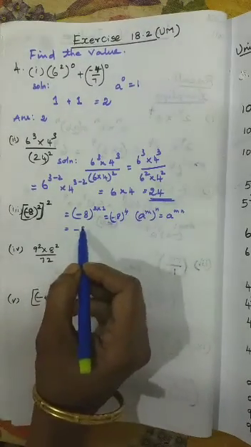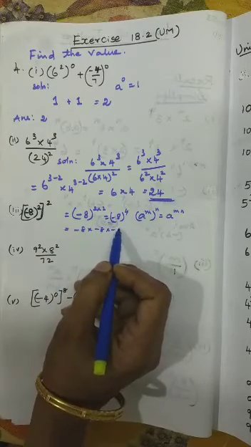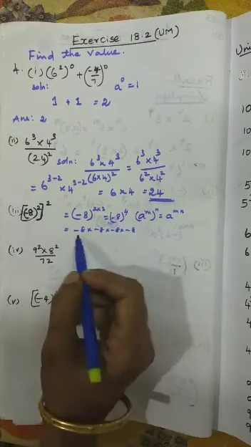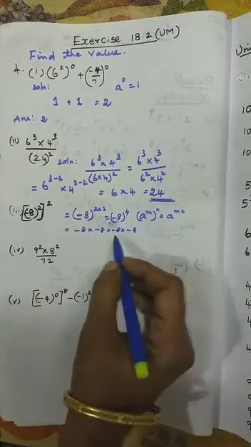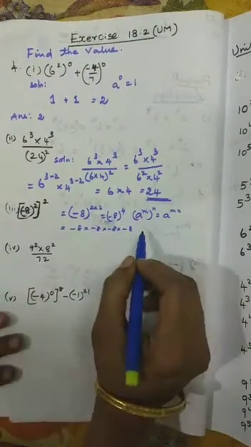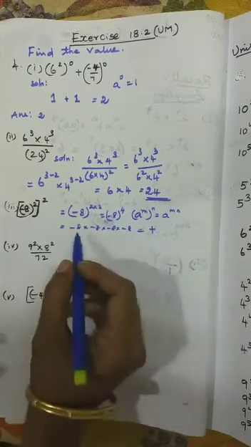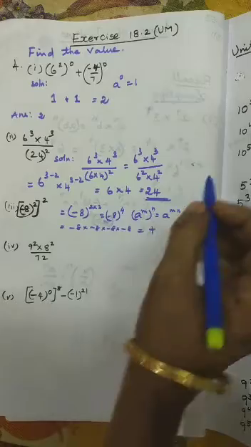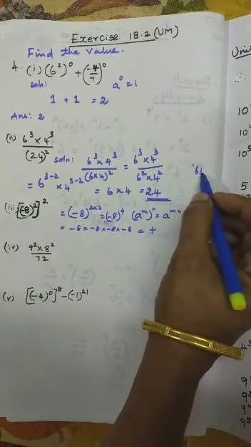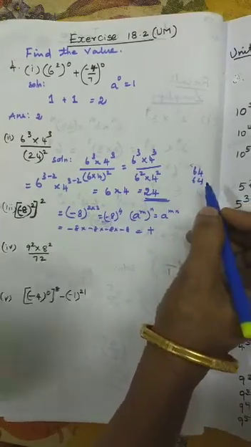Here, minus 8 into minus 8 into minus 8 into minus 8. The power is even, so the sign is positive. 8 8s are 64, then 8 8s are 64. 64 into 64, you have to multiply.